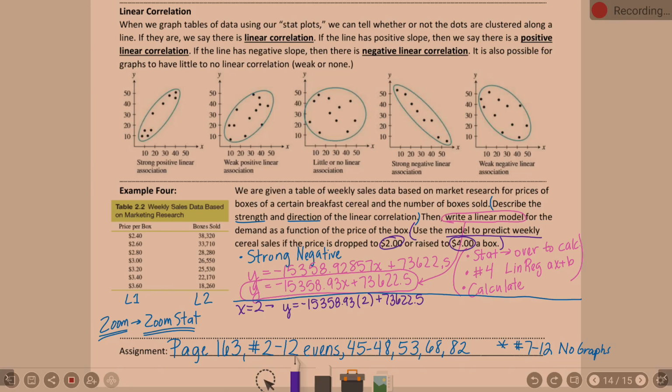Okay, that didn't work. Oh, I was already on trace. Trace, arrow down to get to the line, and then if I hit 2, it tells me x equals 2. When I hit enter, I'm struggling. Okay.